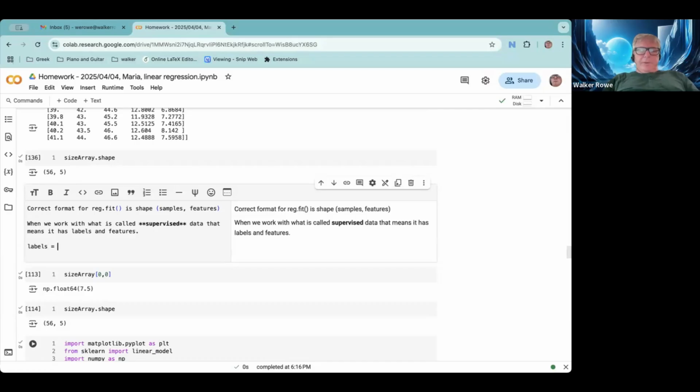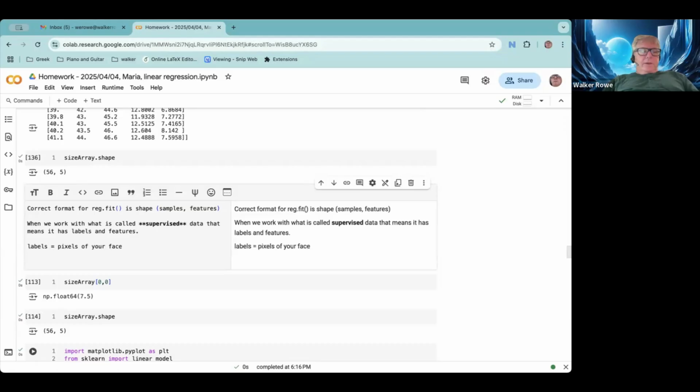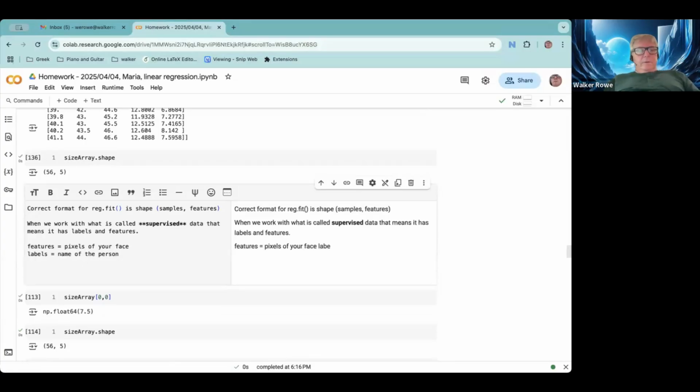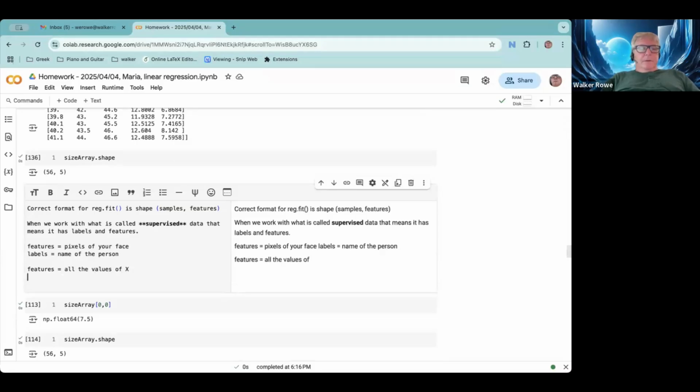The pixels of your face are the features. And then the labels is the name of the person. So here we have the features, or X, or all the values of X. And then the labels is Y.